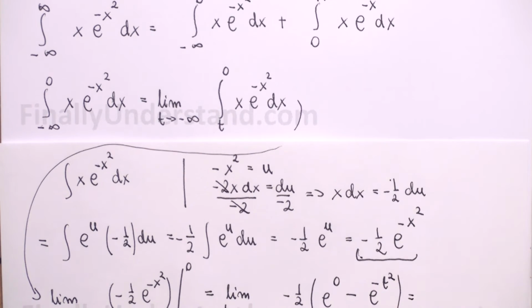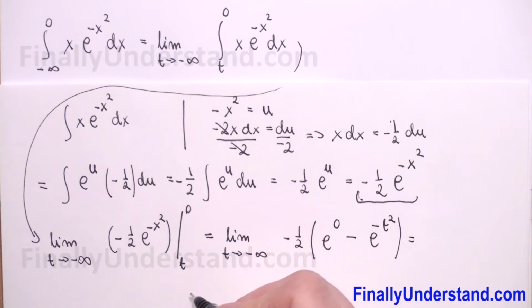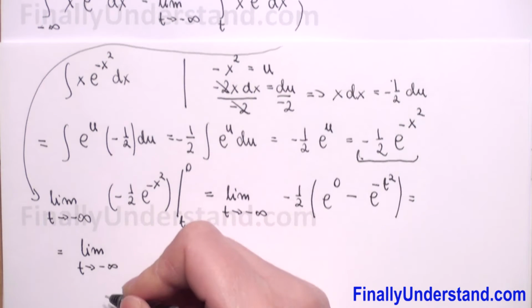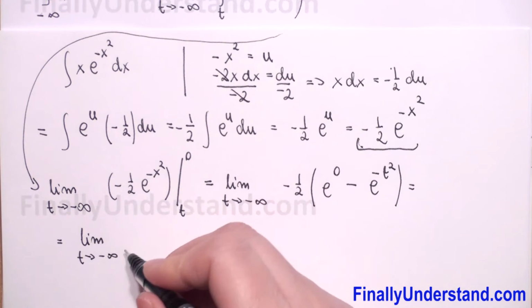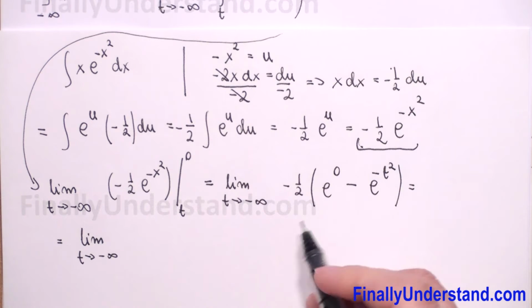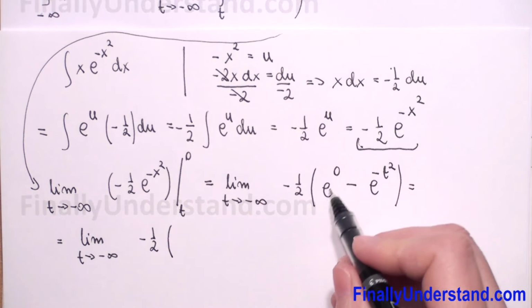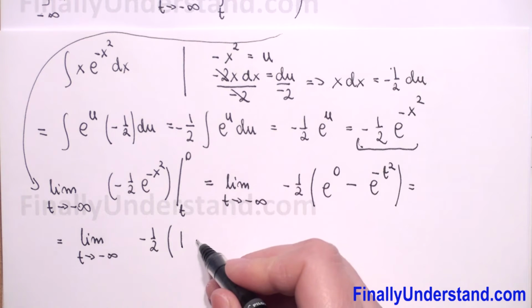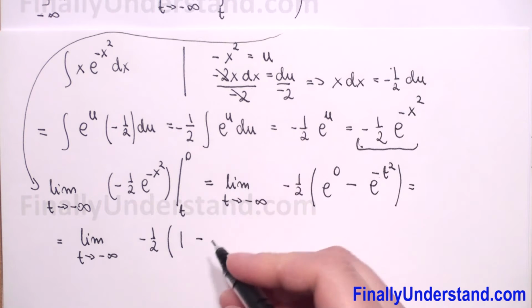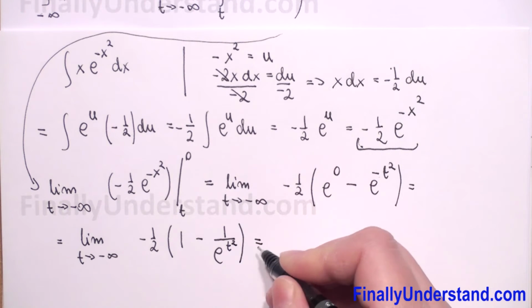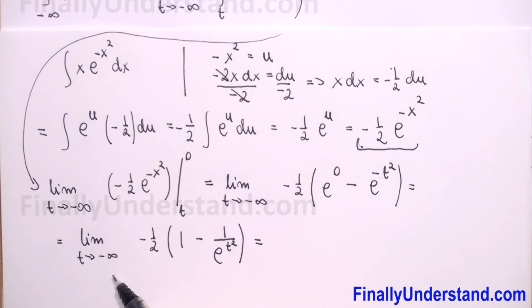So this is equal to the limit t goes to negative infinity of negative 1/2. In brackets we have e to 0 is 1, minus, because we have a negative exponent, we have to flip this expression, it will be 1 over e to power t squared. So this is equal, t goes to negative infinity.